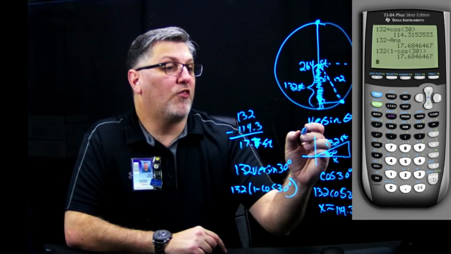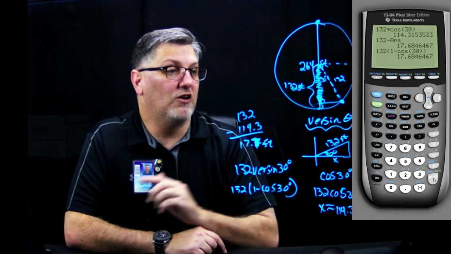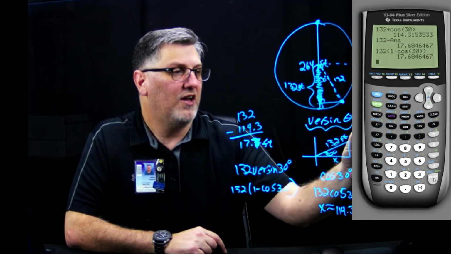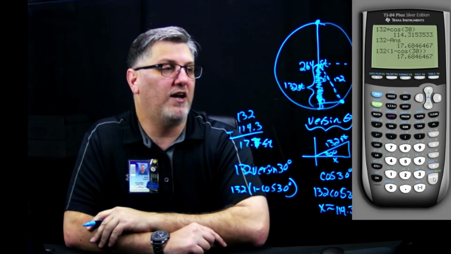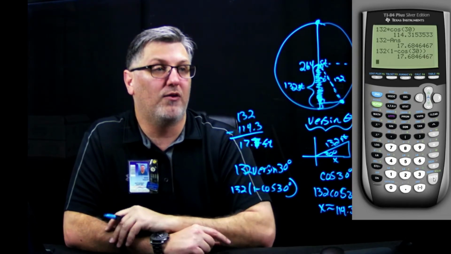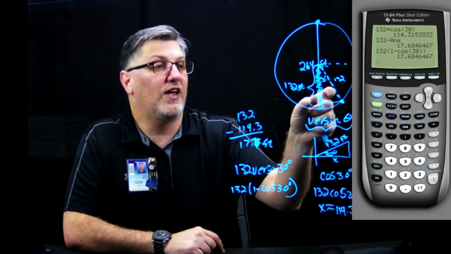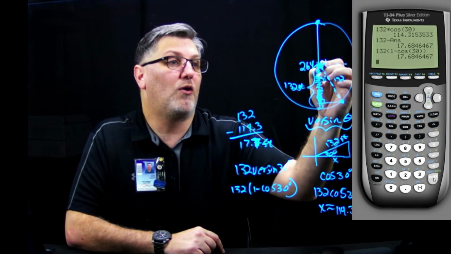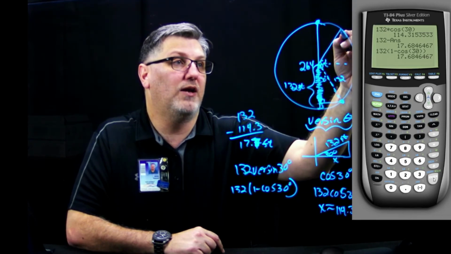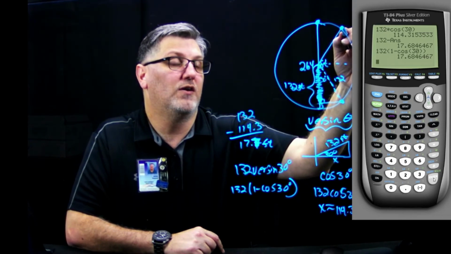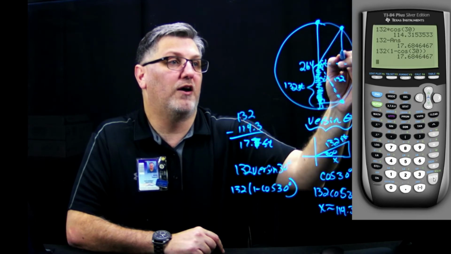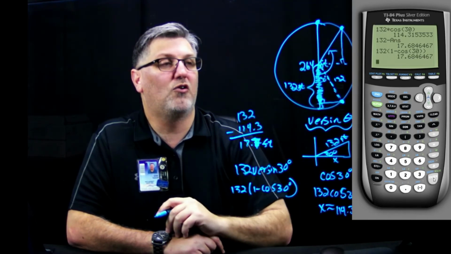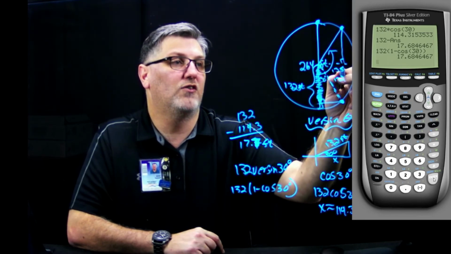So if you want to think of it in terms of versine, I'm not going to hold it against you, but just know that this is not programmed into your calculator. You would have to do 1 minus cosine theta and just multiply it by the radius. What's really nice is as the angles change around this, it will immediately give you your answer. So if I wanted something way up here, I want to have my triangle here, but I have this huge angle right here, and let's call that 135 degrees.